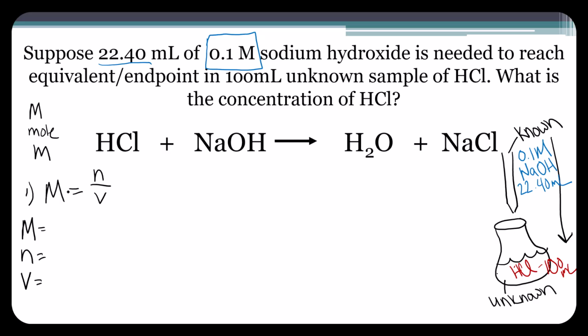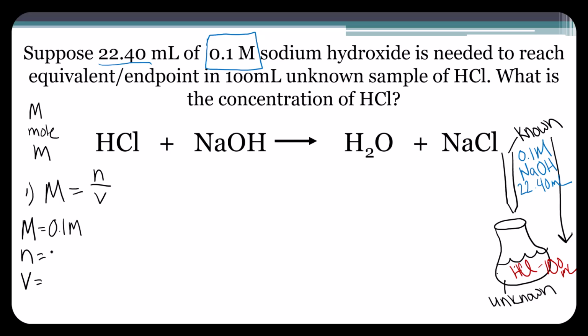So in this first step, we're going to use our known value. Do I know the concentration of my sodium hydroxide? Yep, I do. That's what makes it the known. Any mention of the number of moles of sodium hydroxide? No. And do I know the volume of sodium hydroxide?